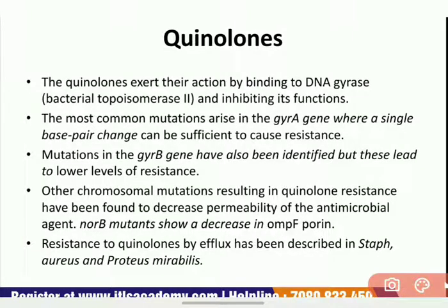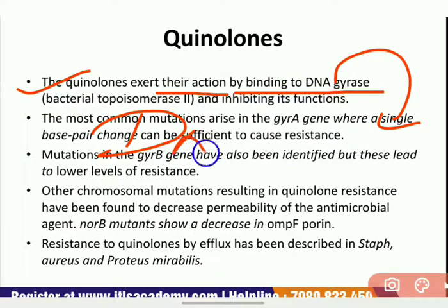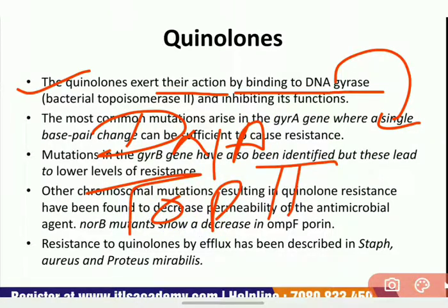Next is quinolones. The quinolones exert their action by binding to DNA gyrase, also known as DNA topoisomerase 2.